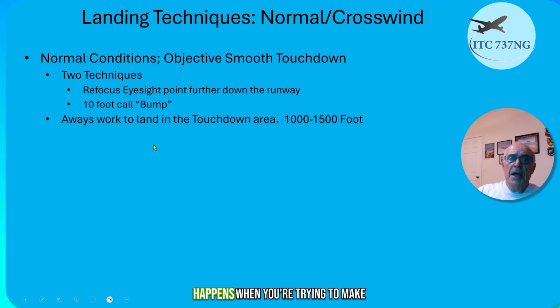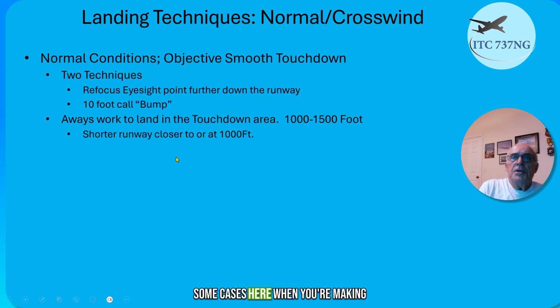One of the things that happens when you're trying to make smooth landings with this airplane is that you flare, and you wind up flaring beyond the 1,000-foot point, beyond the 1,500-foot point, and landing well down the runway. Don't get in the habit of being sloppy about being precise on aiming at your specific landing point.